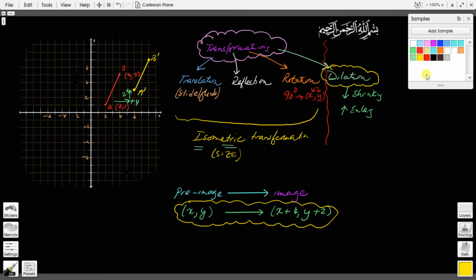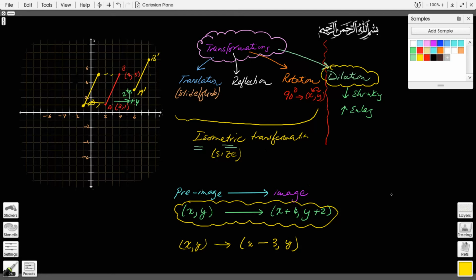If I give you a different rule, if I said (x, y) goes to (x minus 3, y), this rule is saying that I'm going to move this 3 units this way, 1, 2, 3, and I'm not going to change the y at all. So this image is going to be like this. I haven't changed the y at all. So this is a rule that expresses this transformation.